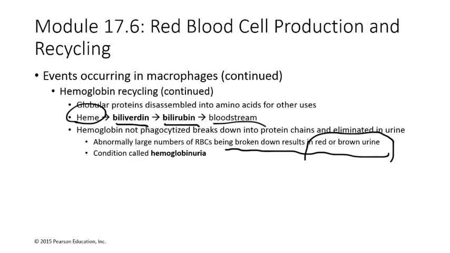In fact, this breakdown of heme is what gives your feces their brown color. And if a large number of red blood cells are being broken down at the same time, then the urine can also become dark. That's called hemoglobinuria, in which case you have hemoglobin appearing in the urine.